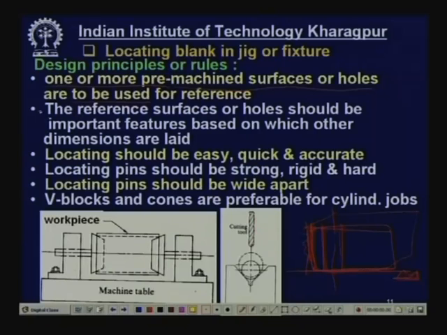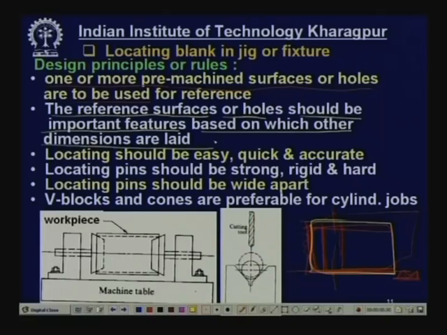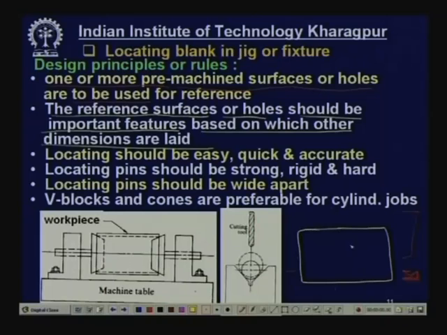Now, next is which surfaces should be selected for pre-machining and location. The referencing surfaces or holes should be important features based on which other dimensions are laid down. That means, suppose this is the blank, and here is a hole with respect to which other holes are dimensioned.